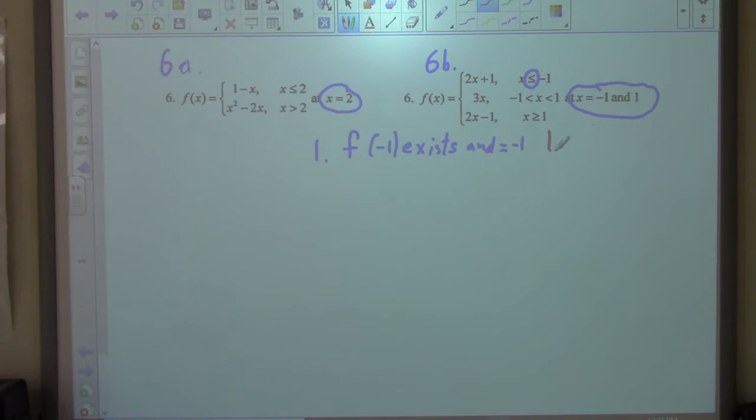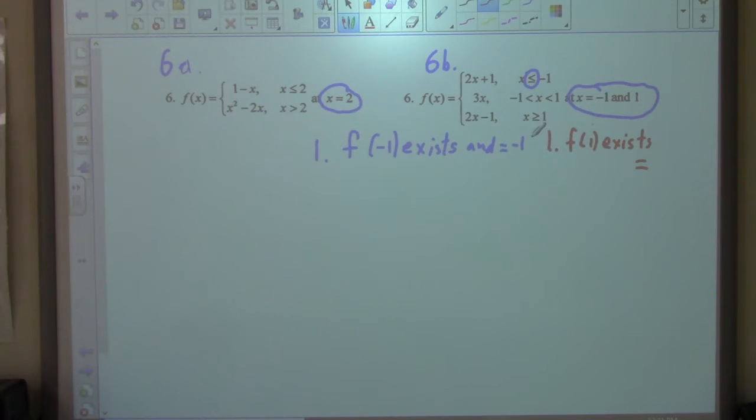And so this other one here, we're going to say f of 1. F of 1, does that exist? Okay, now we're talking about 1. F of 1, does it exist? Yes, so it exists. And that equals what?